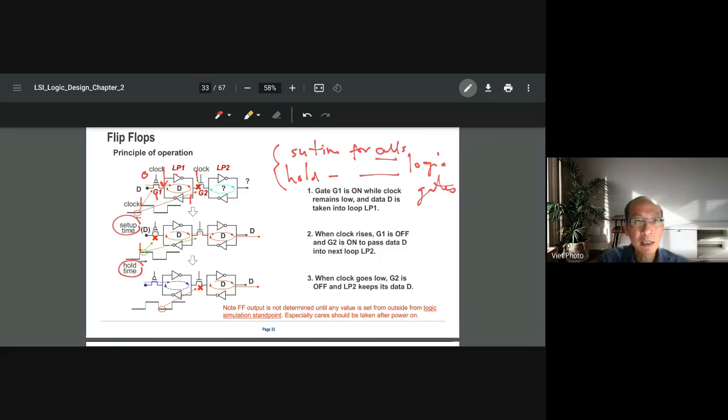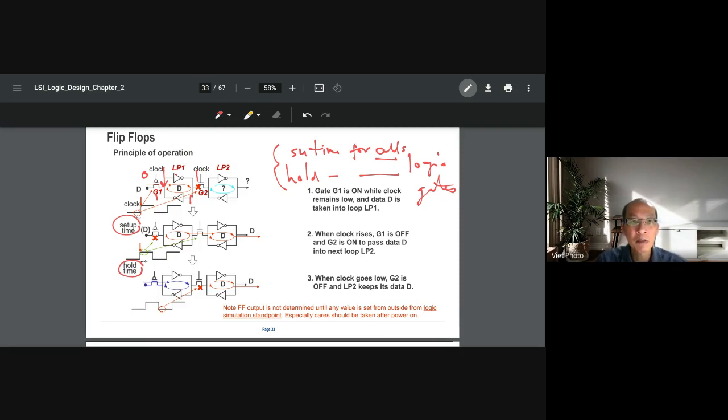Because you can see this one is the NOT gate, and the NOT gate here is just there to latch the signal. When it goes here, it will latch. So somehow it has a little bit of impact on the setup time, but not really.